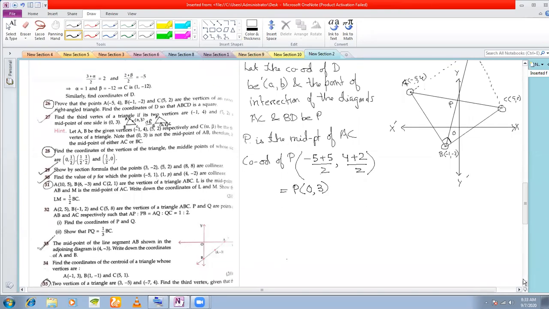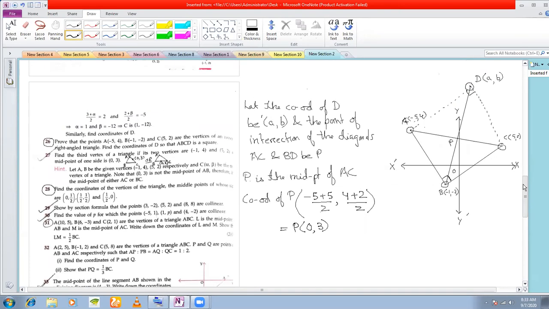We now proceed to find out the coordinates of P in terms of A, B. P is also the midpoint of BD.